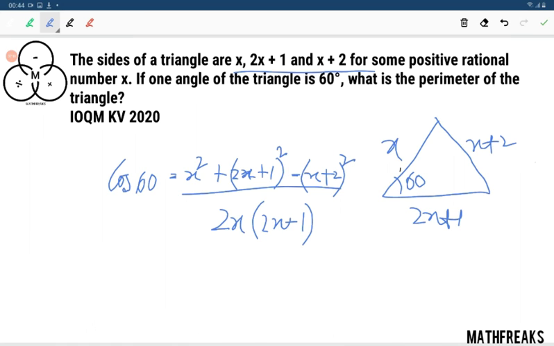Solve it. I would not give you a hint. x should be positive, that is one hint.